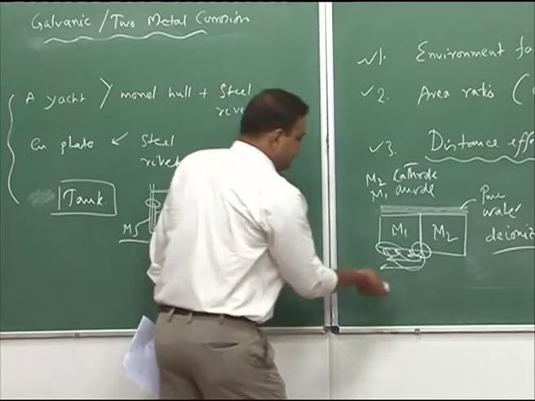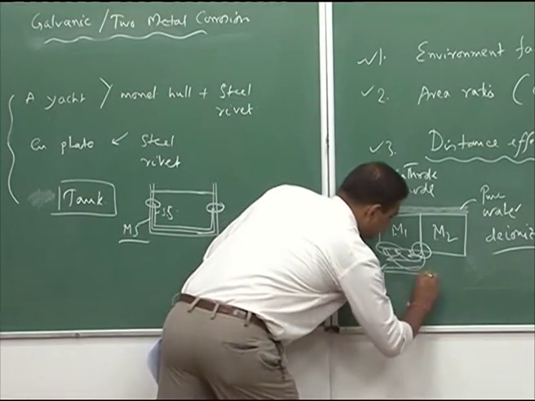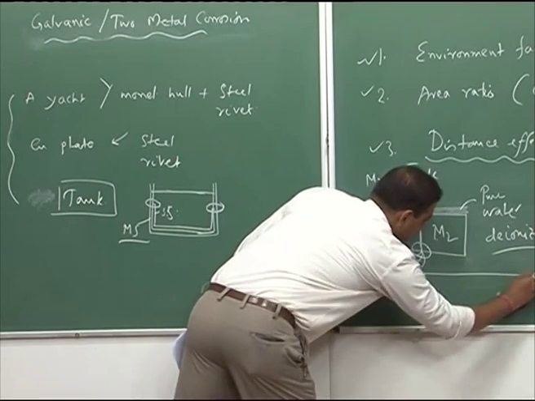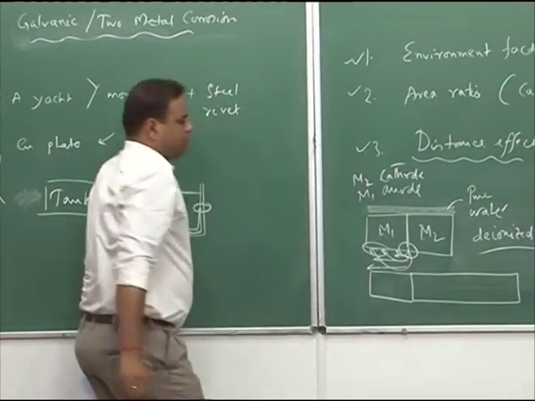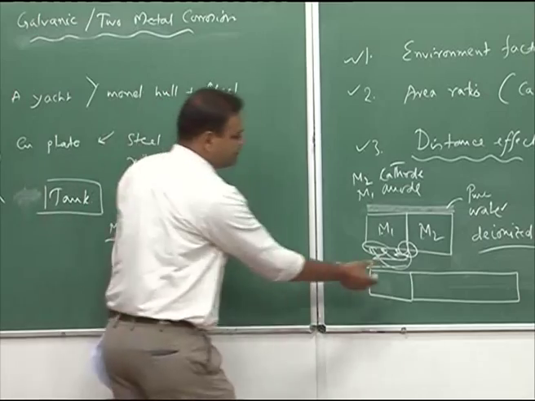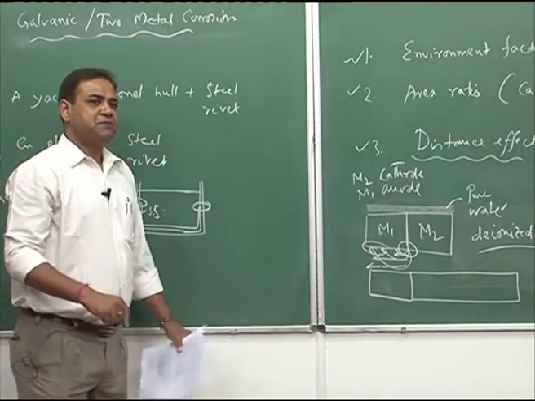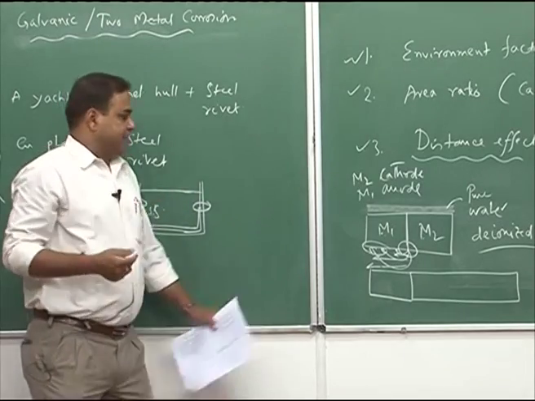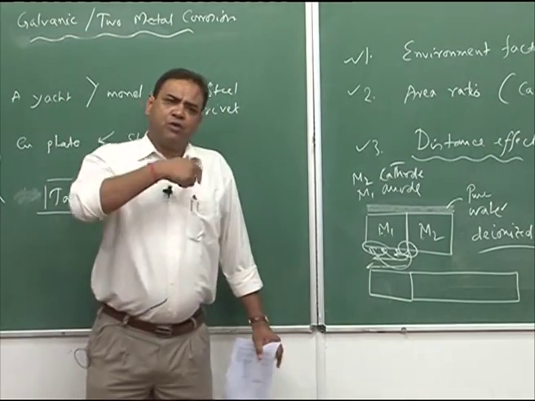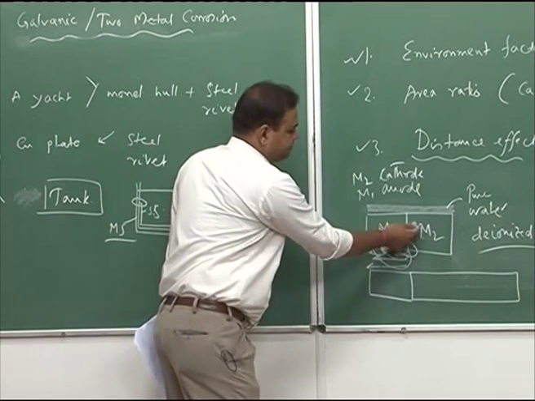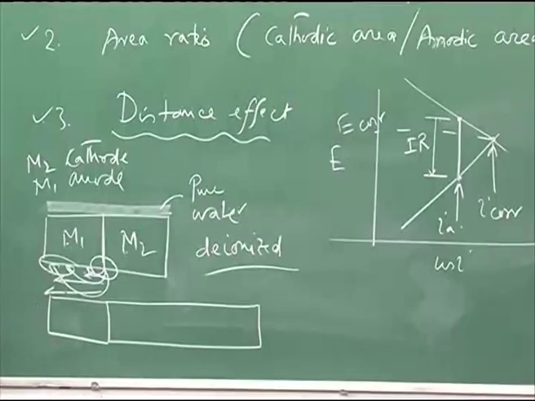But if the situation is like this, if M1 is active and M2 is noble and M2 has a larger area compared to M1, then the situation would be very different and the M1 corrosion rate would be many-fold compared to the situation where the areas are the same.